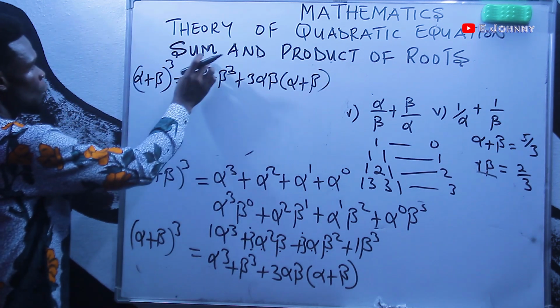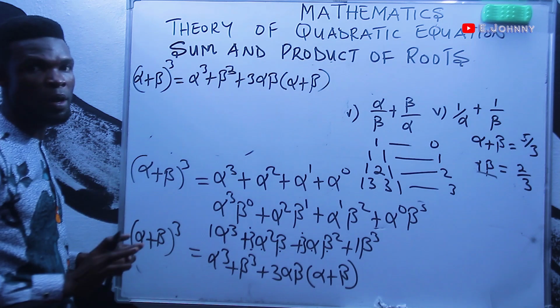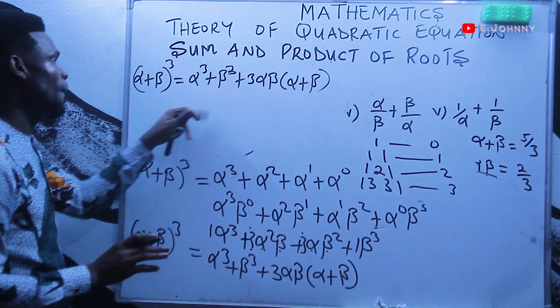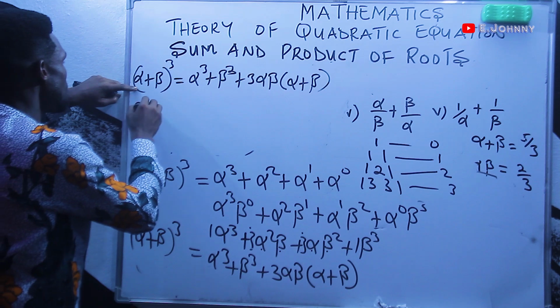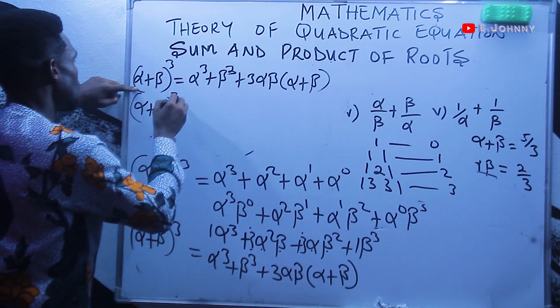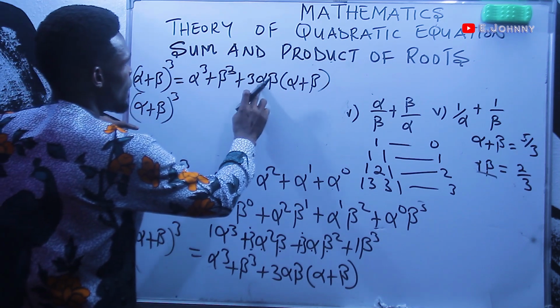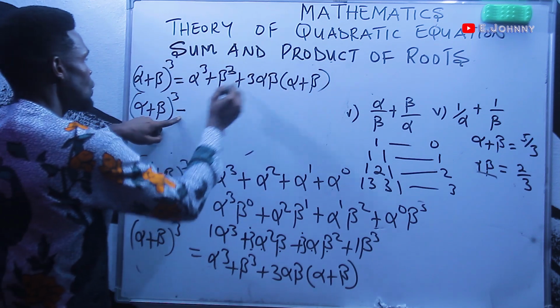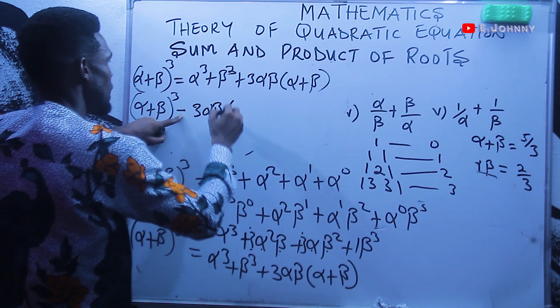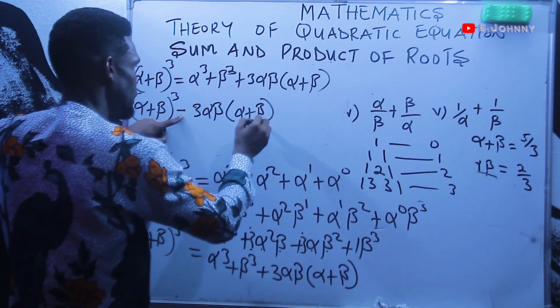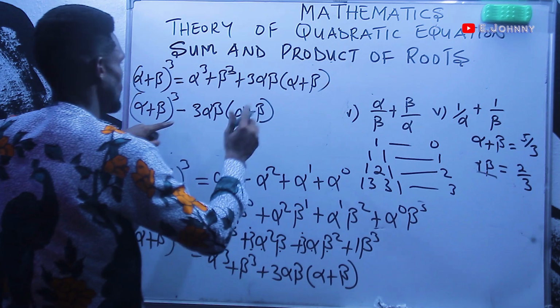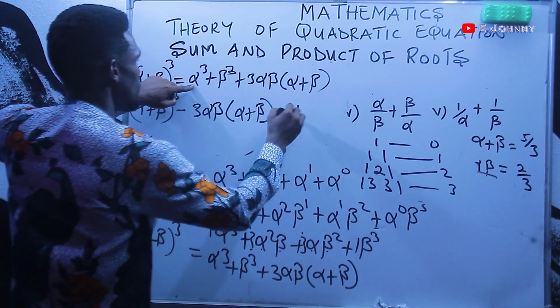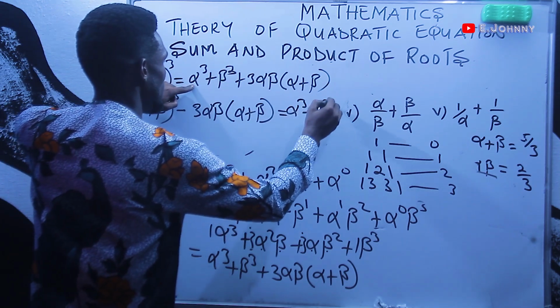Now, you make alpha cube plus beta cube the subject of formula because that's exactly what you were looking for. That means that you have alpha plus beta cube, now plus 3 alpha beta into alpha plus beta will move to this side to become minus 3 alpha beta into alpha plus beta, which is equal to alpha cube plus beta cube.